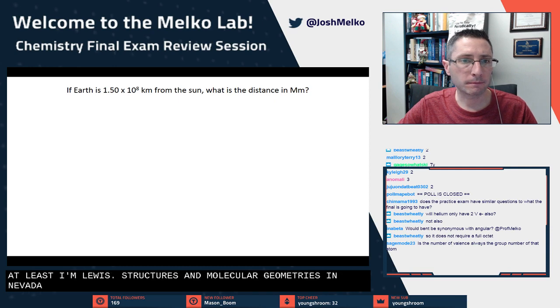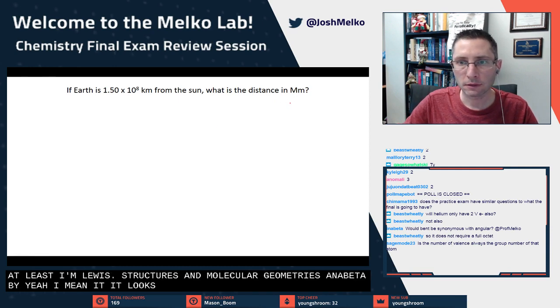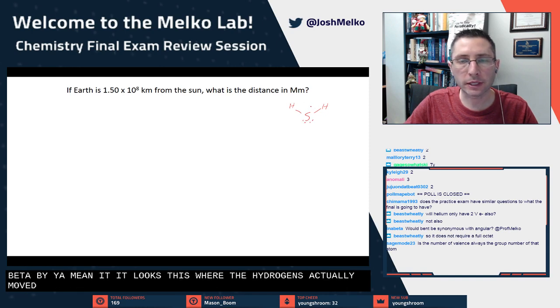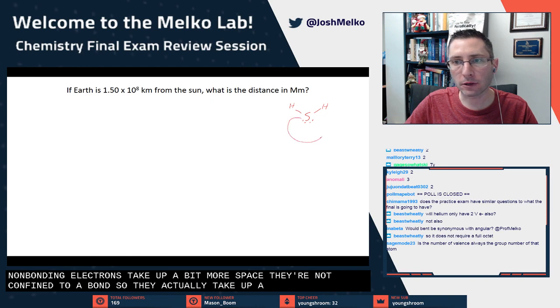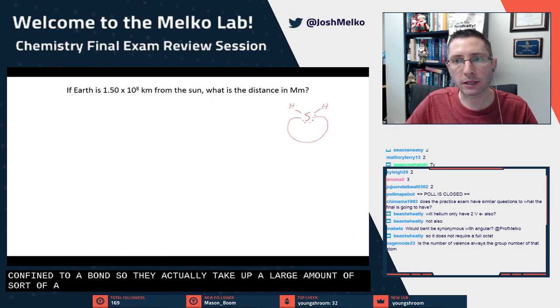But, yeah, I mean, it looks like this, where the hydrogens actually move closer together because those free electrons or non-bonding electrons take up a bit more space. They're not confined to a bond, so they actually take up a large amount of area and push the 2 hydrogens together. So that's what it would look like.